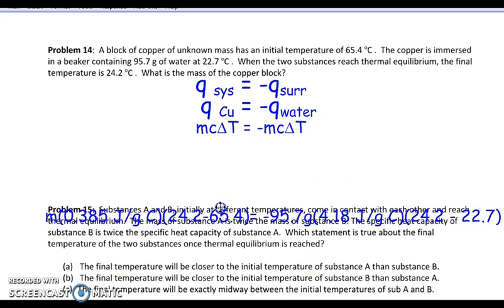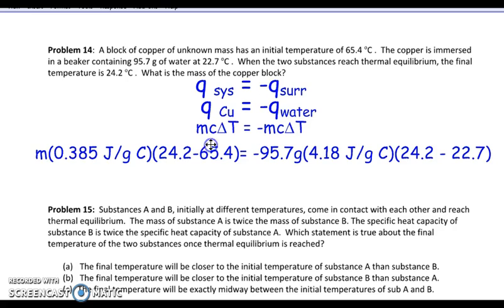So the next step was to just plug in all my values that I know about. I don't know the mass. That's what they're asking me for. The specific heat of copper, you could have looked up on a prior page. Here is the final, 24.2. Here's my initial, 65.4. Don't forget your negative, 95.7 grams, 4.18, final minus initial.